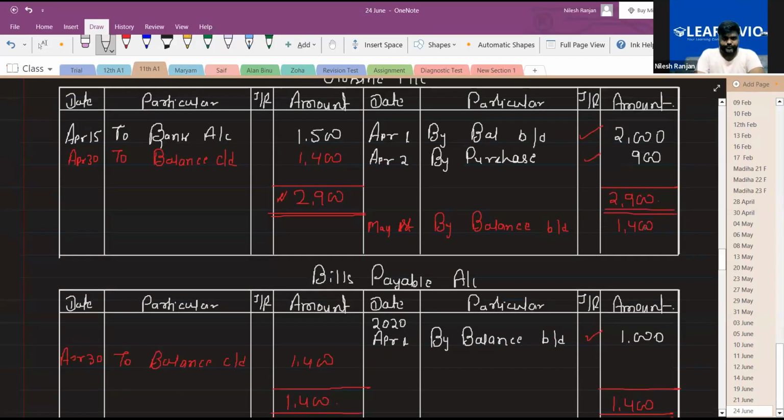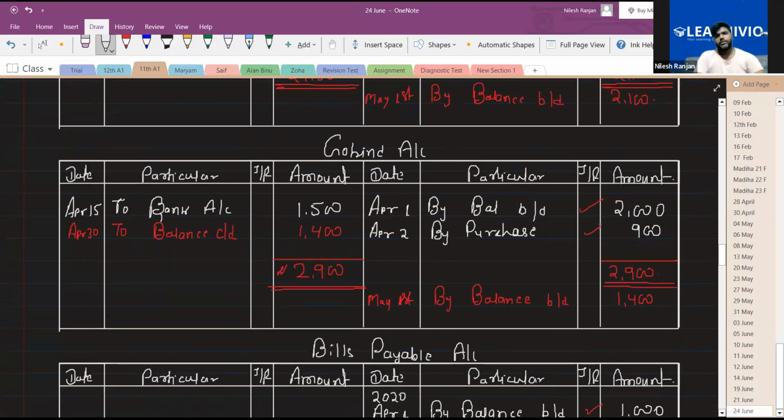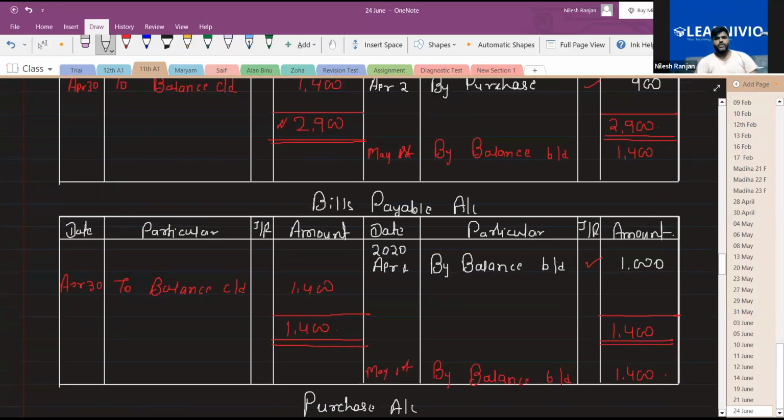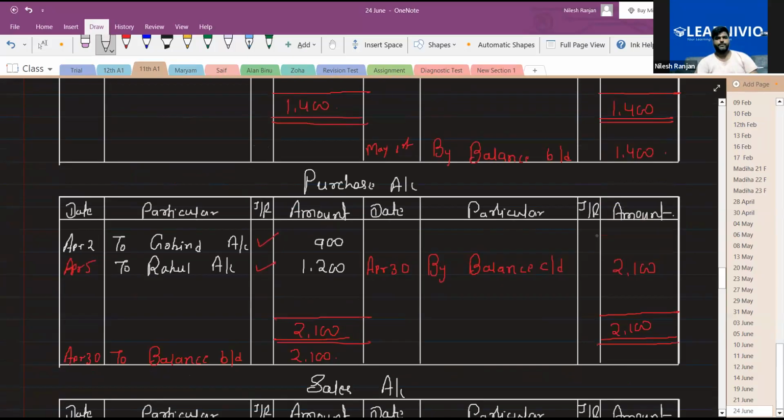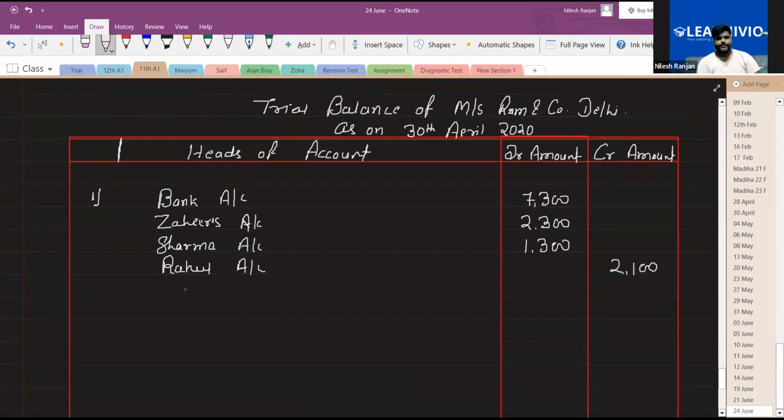Then Rahul to Govind credit 1,400 and bills payable 1,400 both. Govind 1,400 and bills payable 1,400.